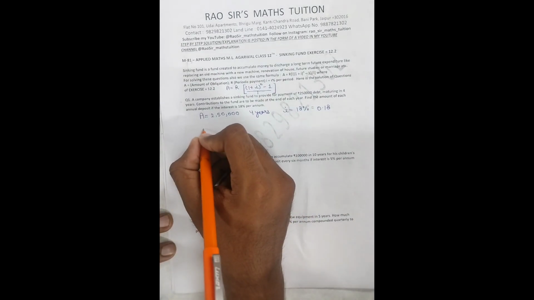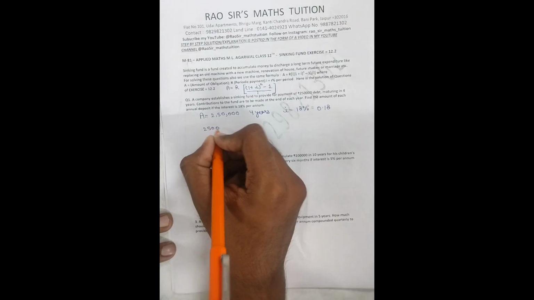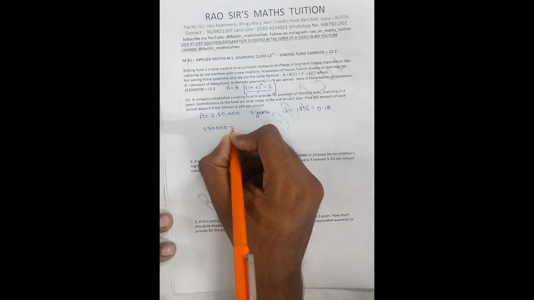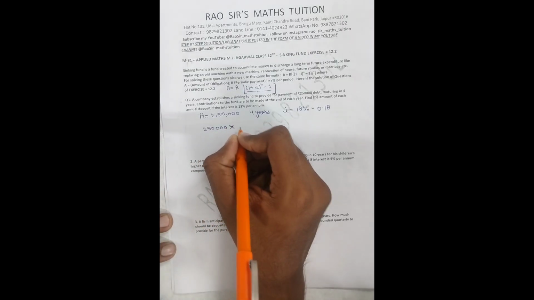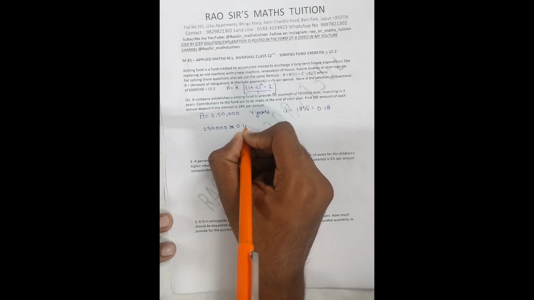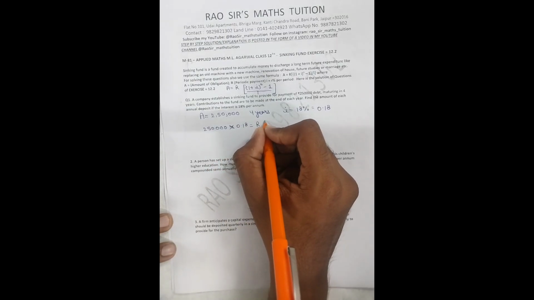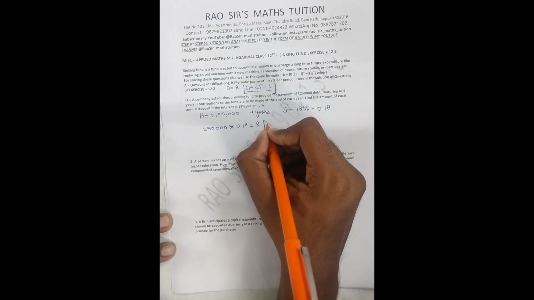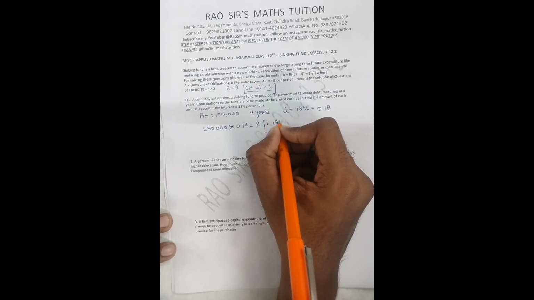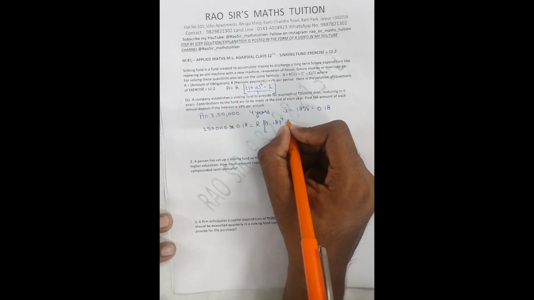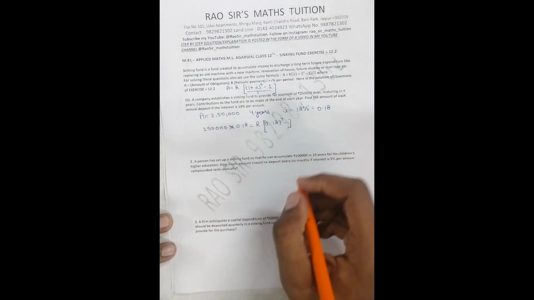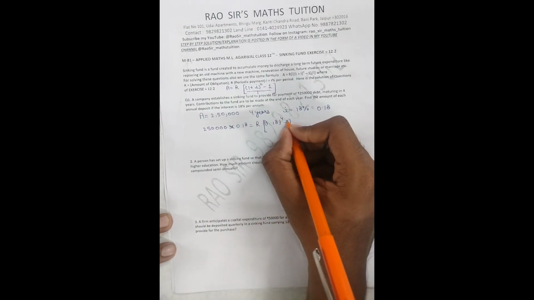According to the formula, you can write a little closer because you have to calculate the log and everything.